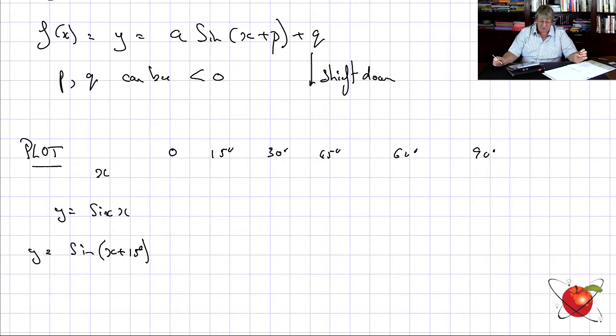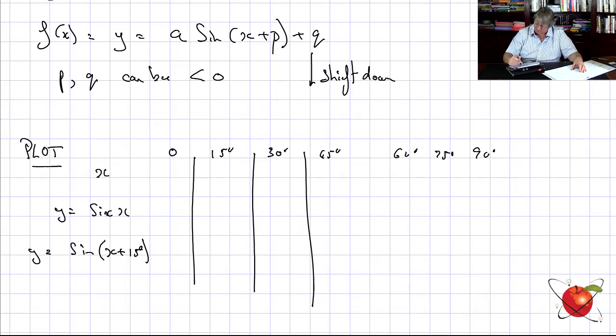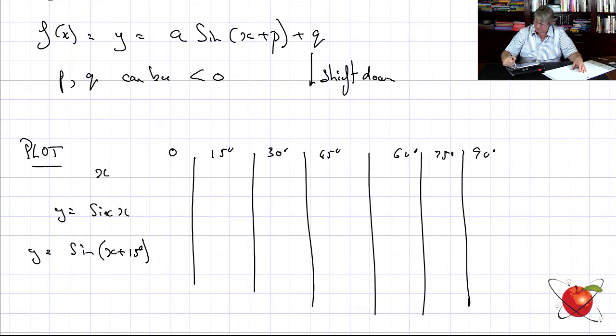Now let's see what happens over here: 15, 30, 45, 60, and let's put in a 75, just for completeness' sake. Let's put in some numbers here and see what's happened. There are my x values.